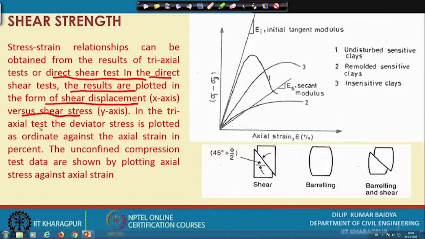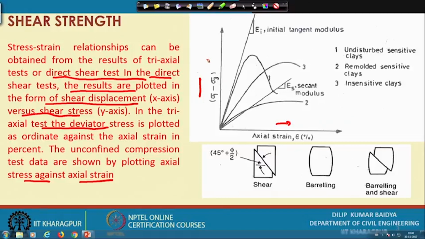In the triaxial test, one axis is deviator stress and the other is axial strain. For the unconfined compression test, it will be axial stress, so instead of sigma 1 minus sigma 3, it will be axial stress, which, with sigma 3 equal to 0, is nothing but sigma 1.